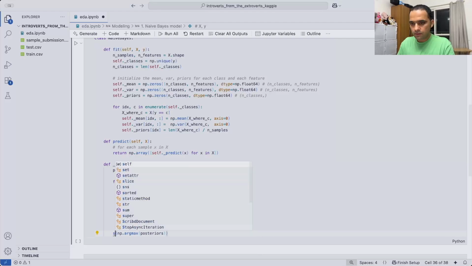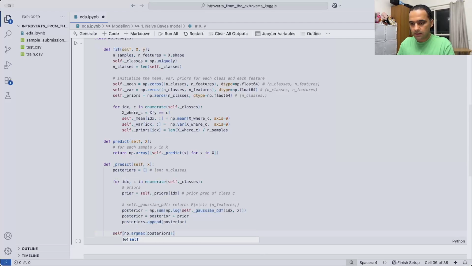So we will need to get the class from that index. Therefore we return the class of the highest probability from this posteriors.